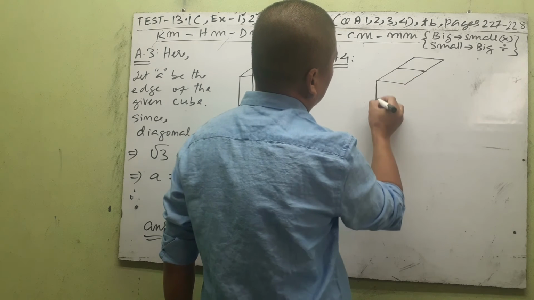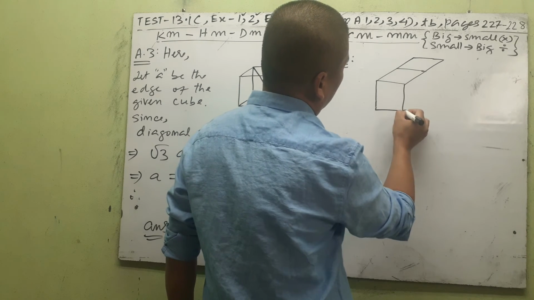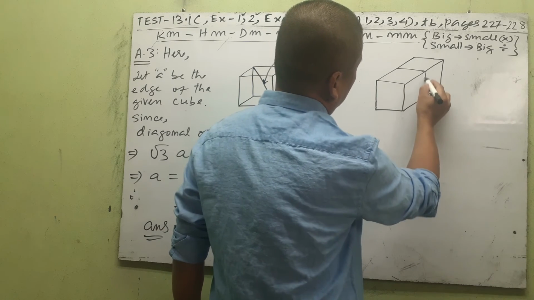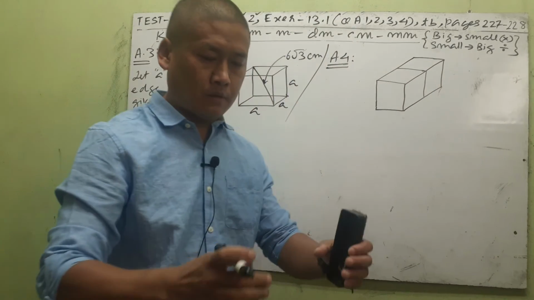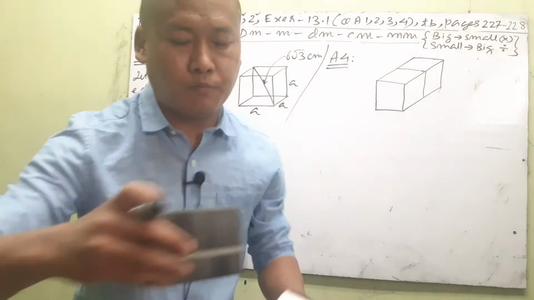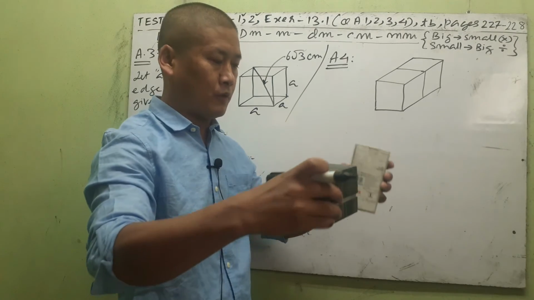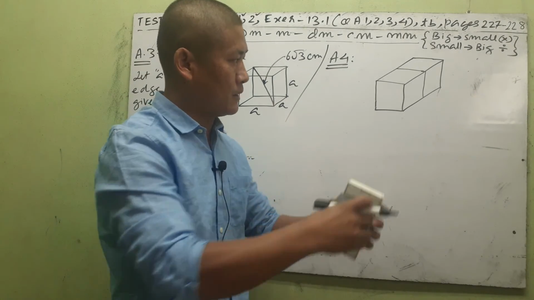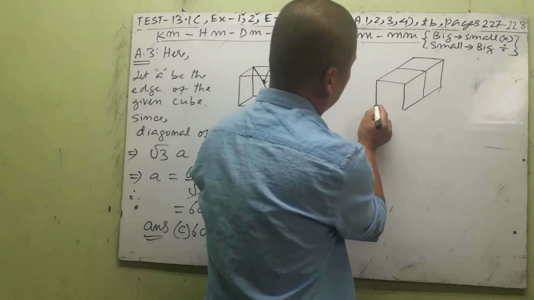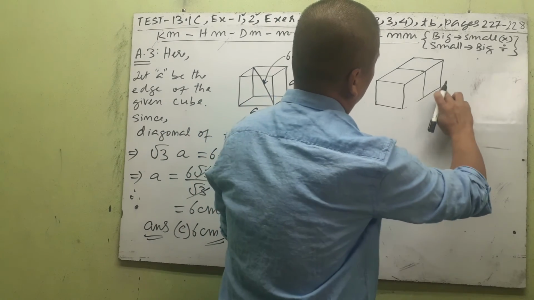Cube means all the edges are same, so we put these 2 cubes of the same size like this. Then the other one is put face to face, and they will be exactly the same size. Let us make this one a little bit shorter to make it more realistic, like a cube.